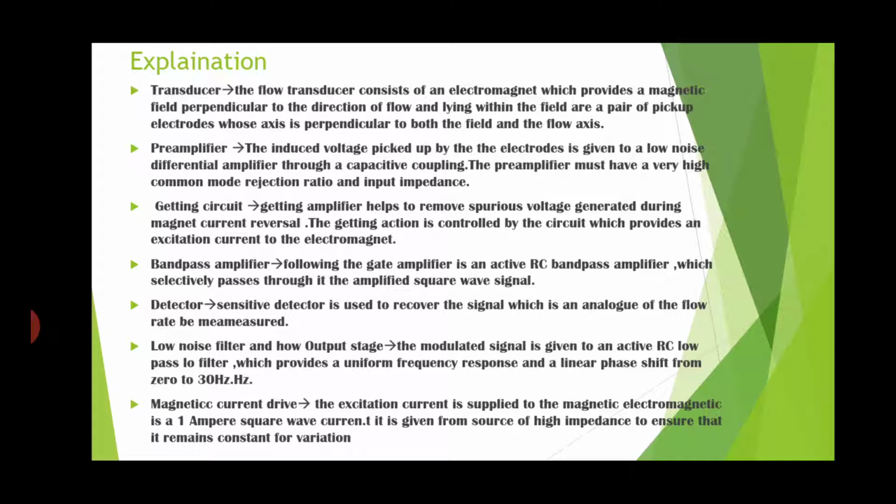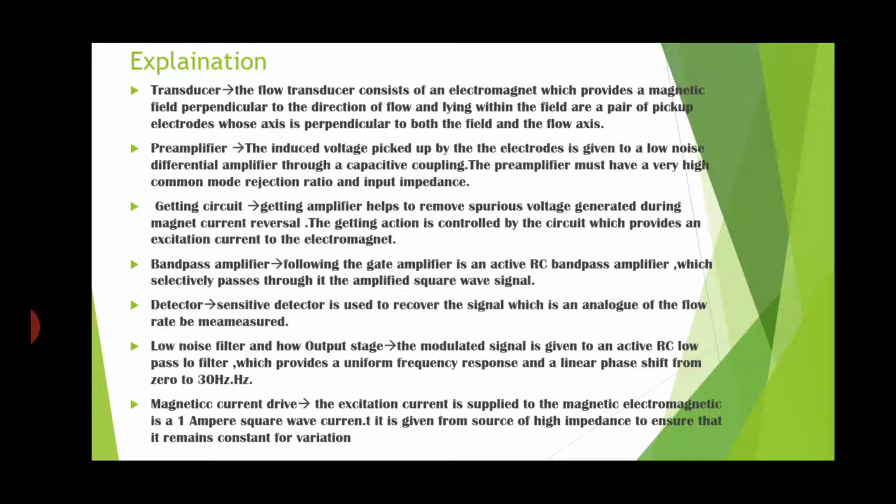Gating circuit. The gating amplifier helps to remove spurious voltage generated during magnet current reversal. The gating action is controlled by the circuit which provides excitation current to the electromagnet. Next, bandpass amplifier.